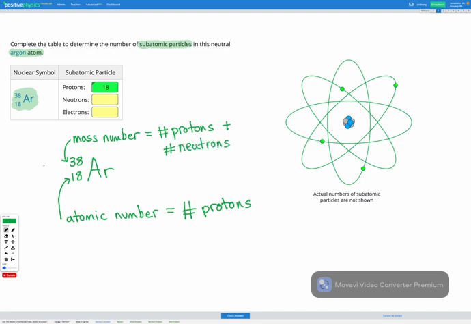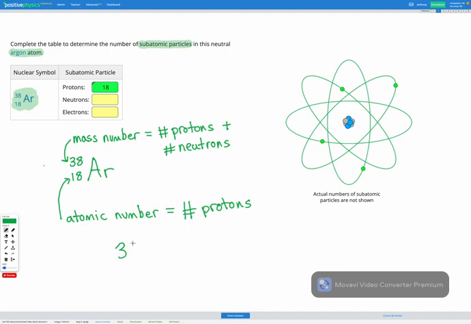And since protons and neutrons are the subatomic particles that are in the nucleus, which is here on the diagram, and they're the only subatomic particles that have mass, together they add up to make the mass number. So in this question, we know we have 18 protons, and we know that we have 38 protons and neutrons together. So we can do a little calculation.